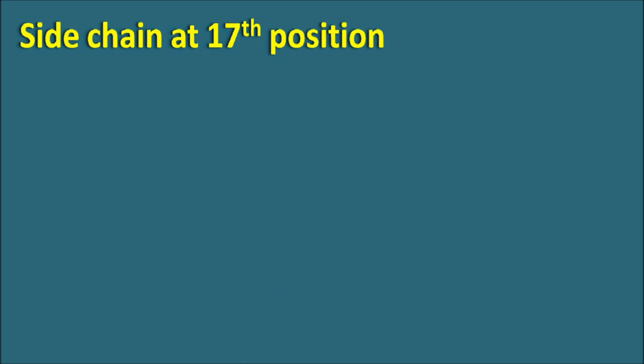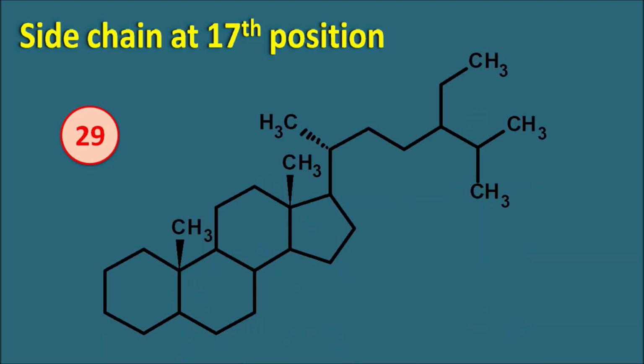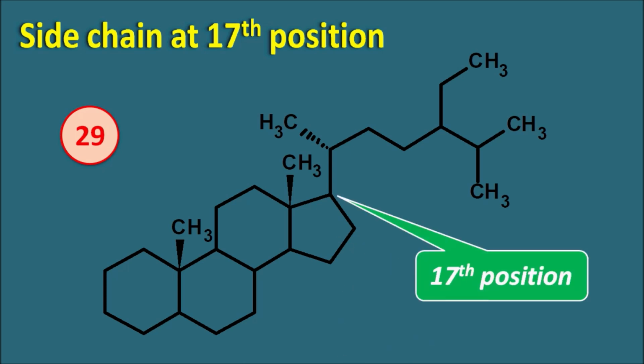Now let us see the side chain at the 17th position. Let us see how we can give the numbering in the steroidal nucleus if it has 29 carbons. This is the structure of a steroid having 29 carbons, and we have already seen this is the 17th carbon, and the angular methyl groups are numbered 18 and 19. Then we continue the numbering from 20 into the side chain. So this is 20.